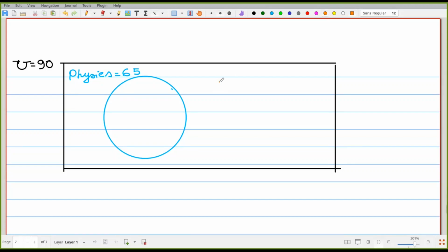Another one, suppose that is who has passed in math, that is our math, that is 50. Now, who has passed both the subjects? That portion is our both the subjects, that is our P intersection M, given as 35.